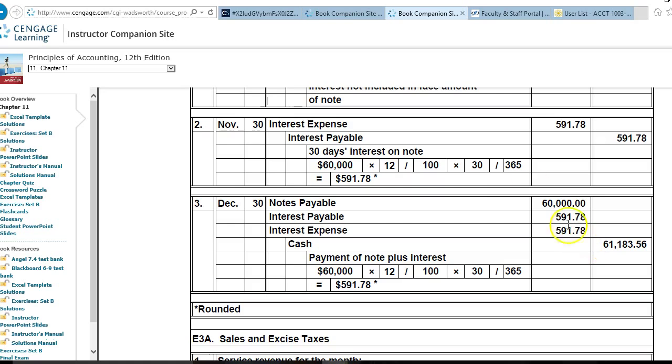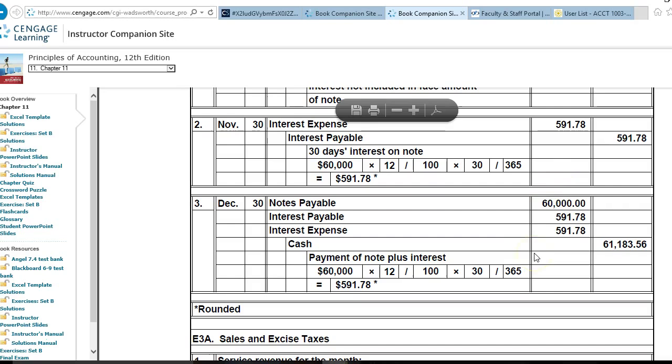So you see, instead of just paying $60,000, which is how much the initial note was, we're paying $61,183.56. We're paying $591.78 from the interest we recorded the month before that we showed as a payable.